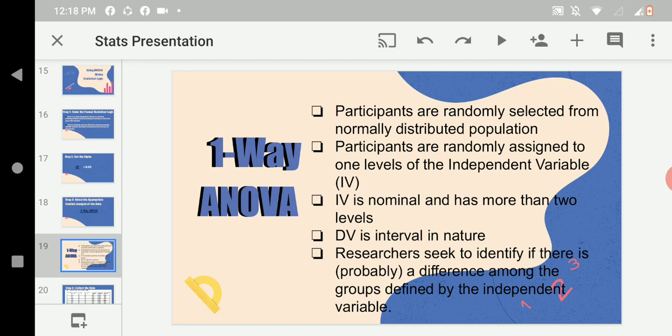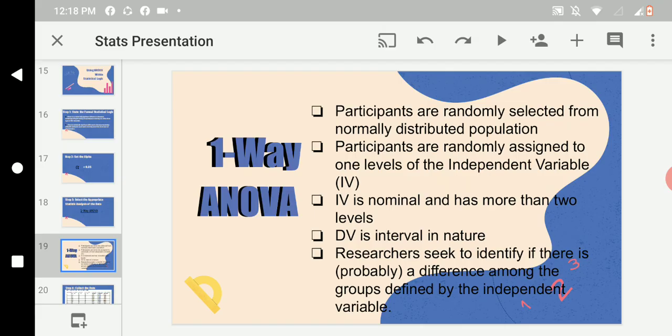The DV is interval in nature. So, if your dependent variable is interval in nature, we have to use one-way ANOVA. And finally, if you were able to check this last condition, you will definitely be using one-way ANOVA.